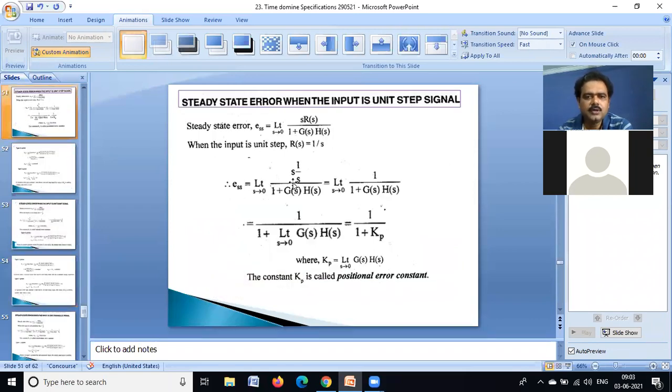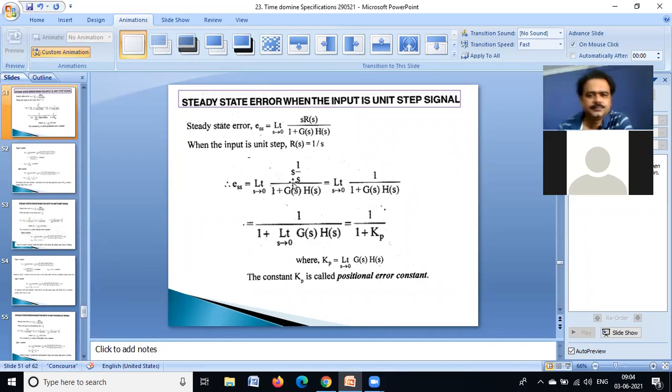So we have obtained the expression for error signal, and from that, when the input is unit step input, we have already obtained the steady state error for the system given.